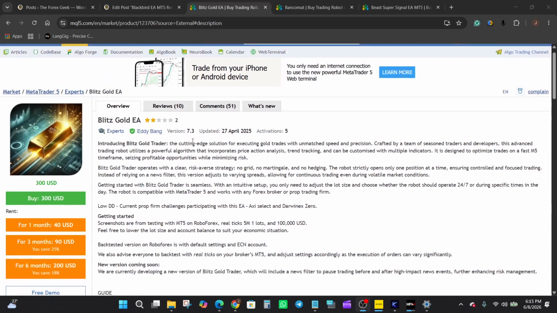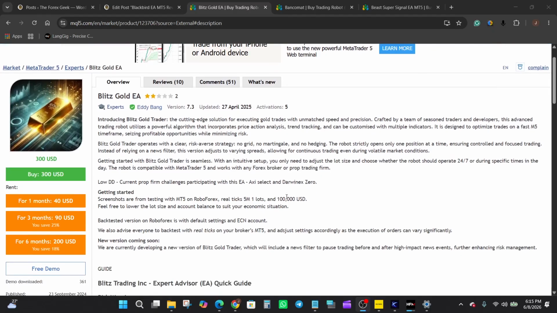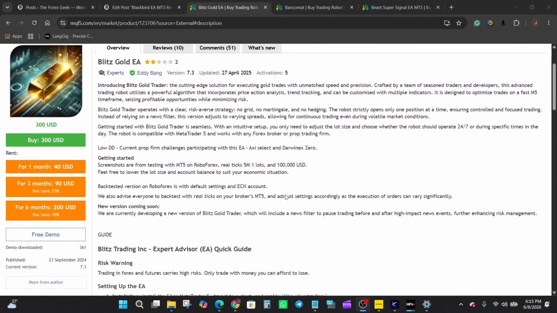The current version is 7.3, and according to the developer, it was updated on April 27th, 2025. The EA is specifically designed for trading gold or XAUUSD on the 5-minute time frame.